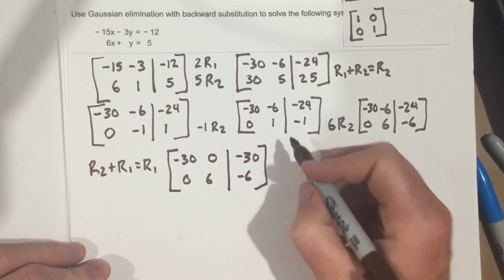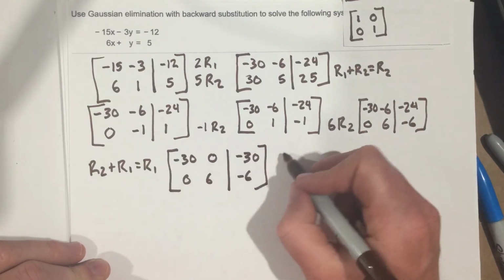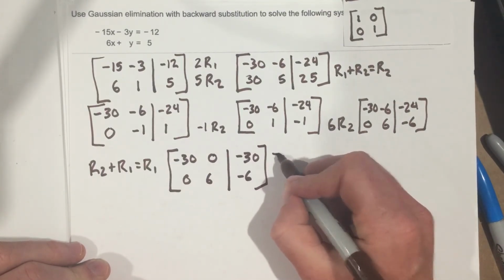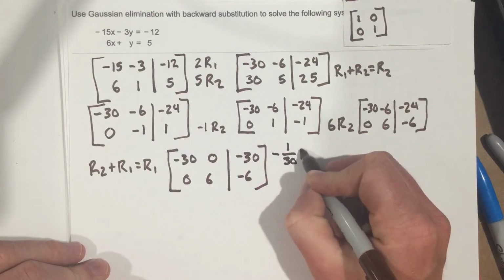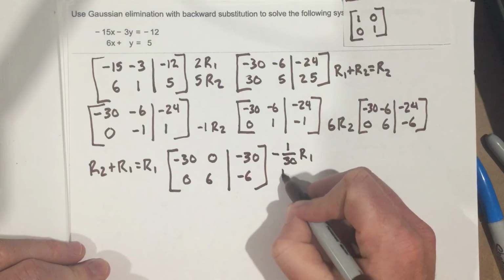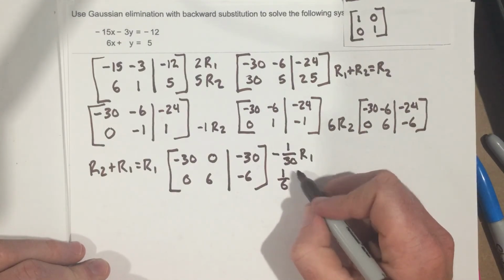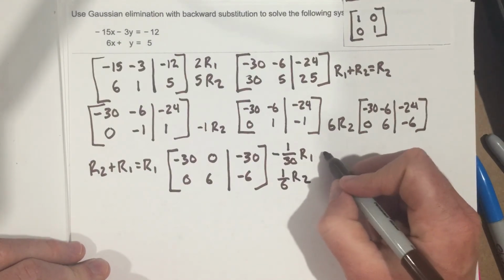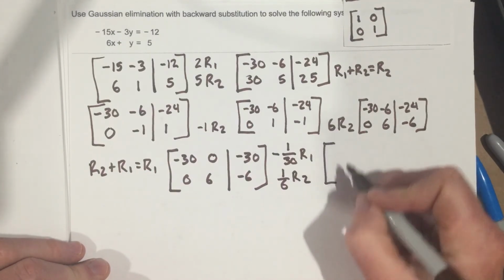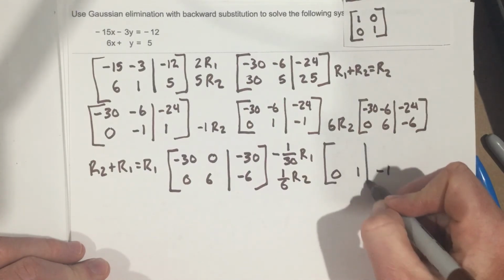So now I just need to multiply the top. Well, I need to divide it by negative 30, but I like to just say I multiply by a fraction, negative 1 over 30 times row 1. And I do the same thing on the bottom, 1/6 times row 2. As I do that, that gives me 0, 1, negative 1.